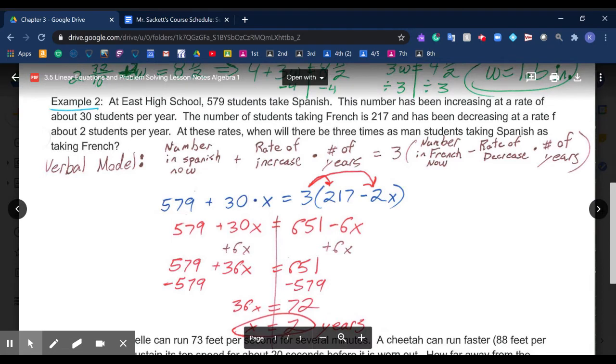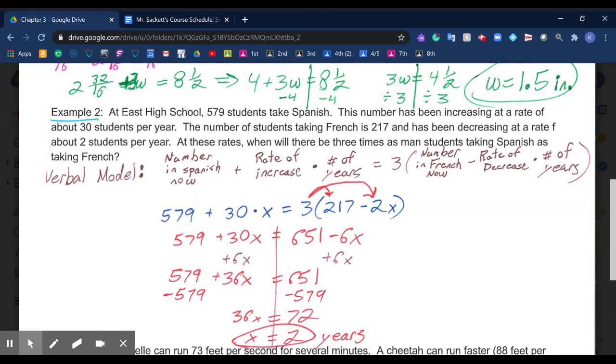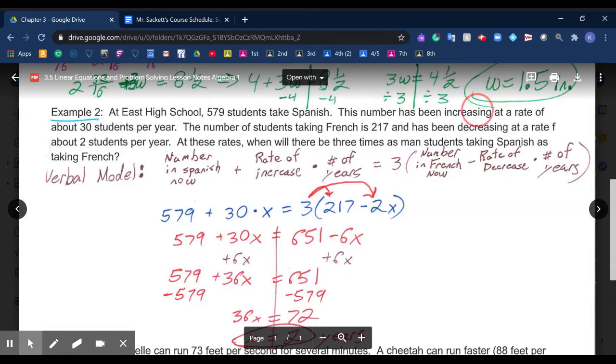So in example 2, we have the word scenario that states at East High School, 579 students take Spanish. This number has been increasing, so the increasing part I want to keep in mind, increasing at a rate of about 30 students per year.